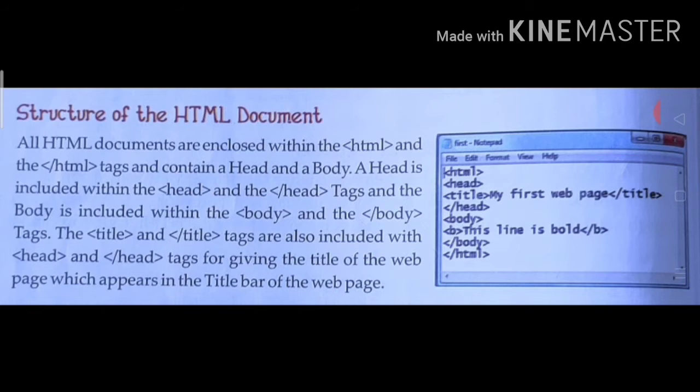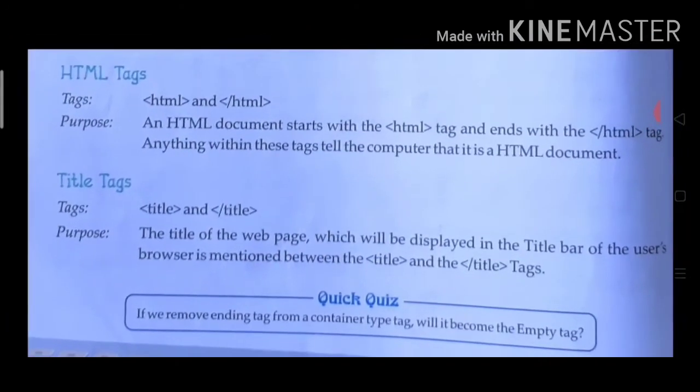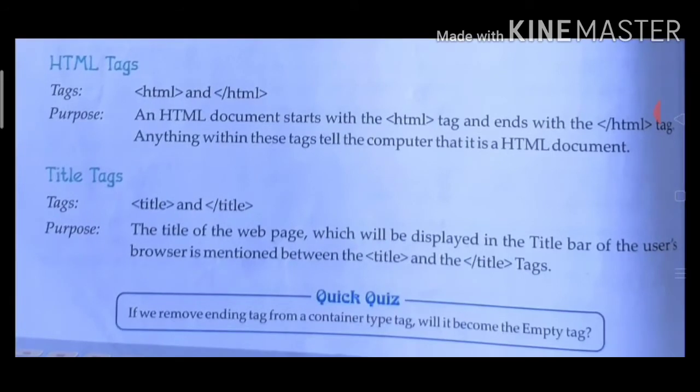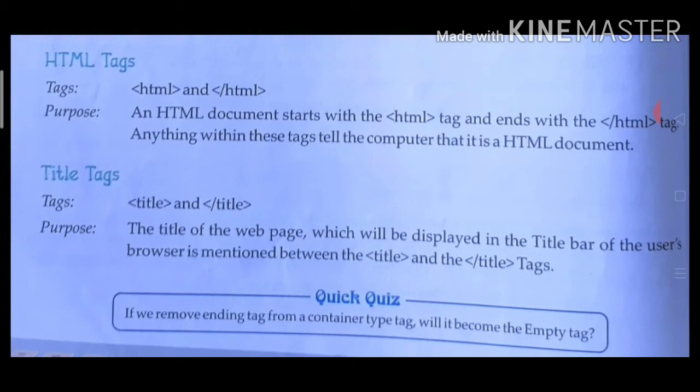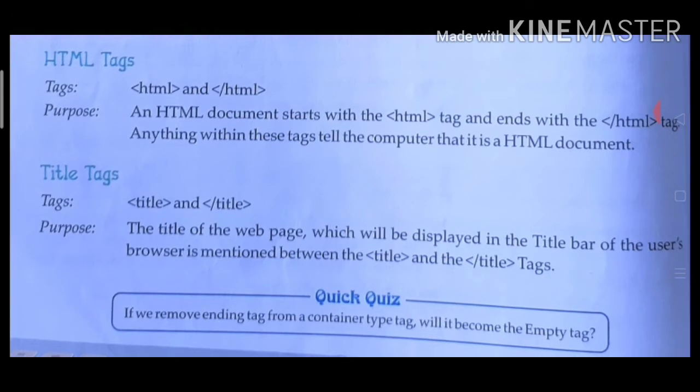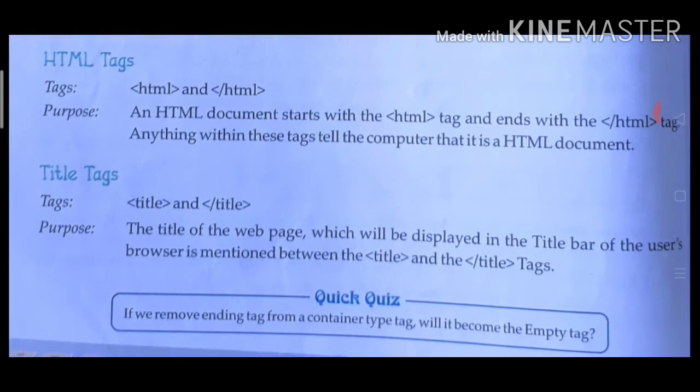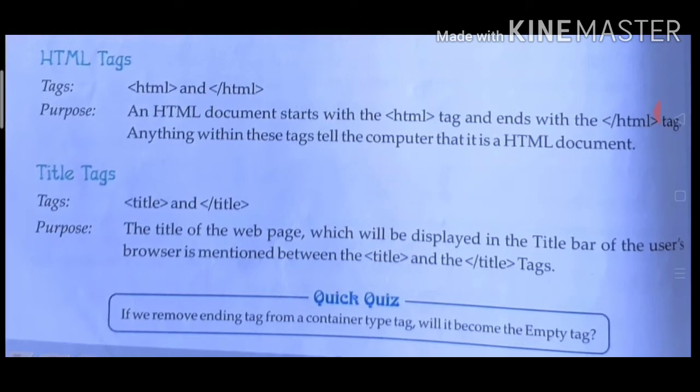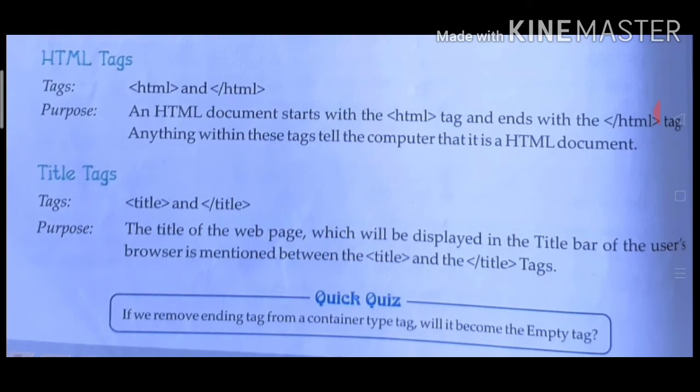Like that, head also and body also. HTML tag and slash HTML tag means first is opening tag and second is closing tag. Purpose: an HTML document starts with the beginning HTML tag and ends with the forward slash HTML tag. Anything within these tags tells the computer that it is an HTML document.